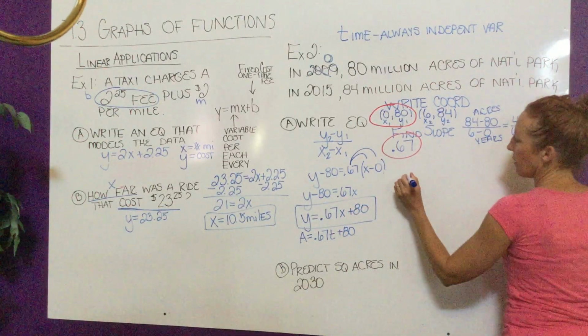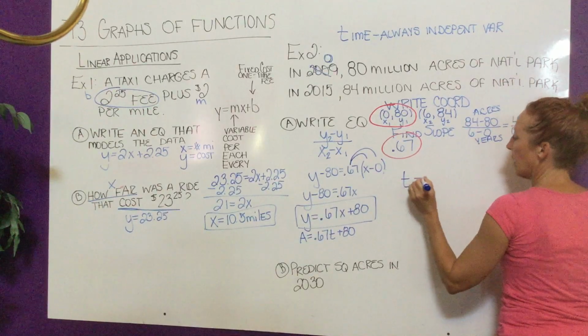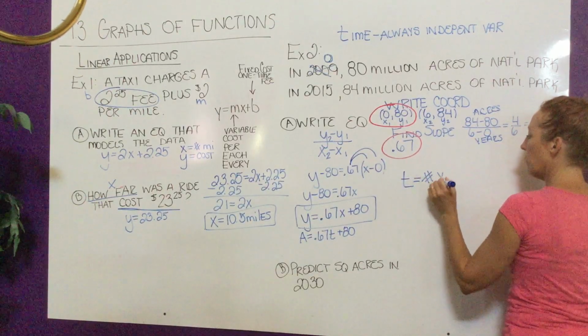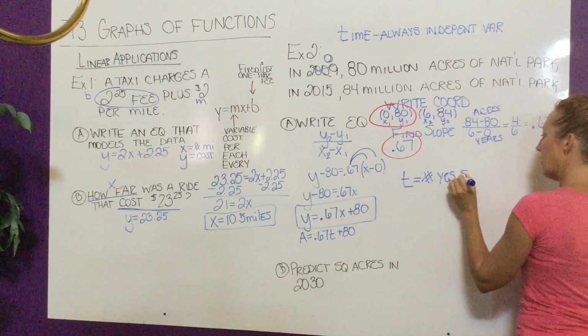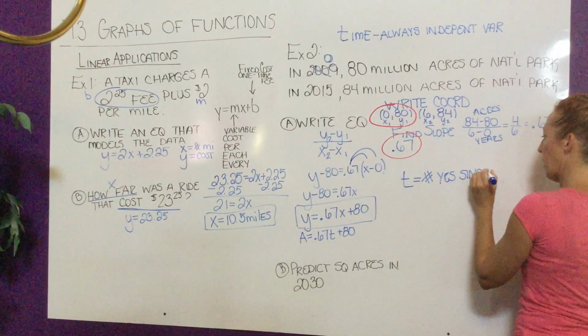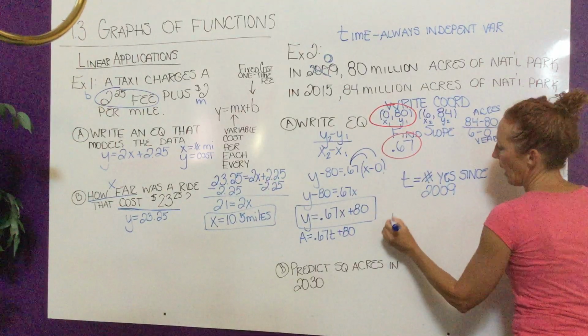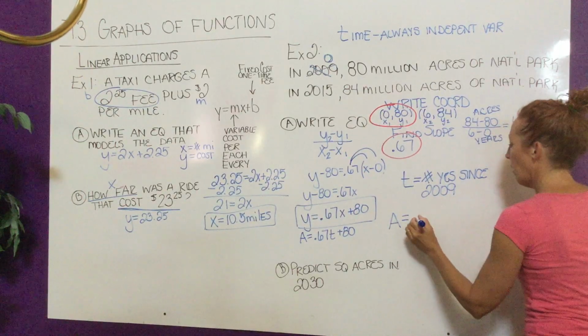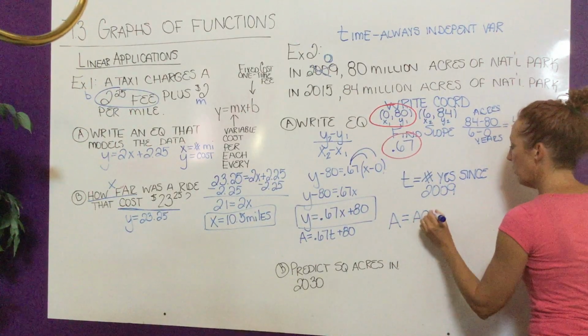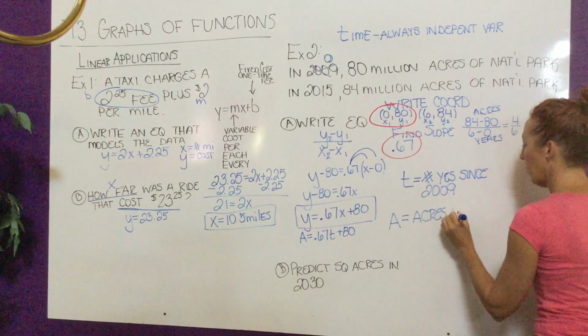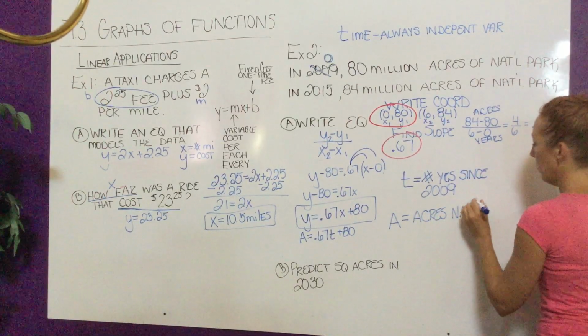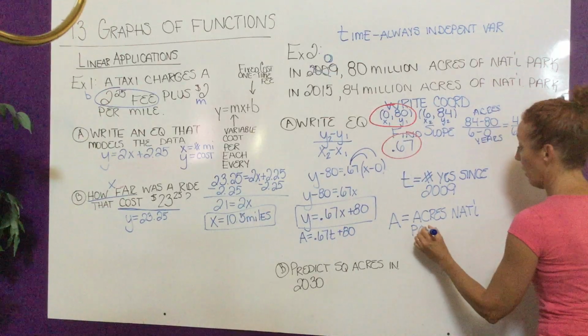Whether you call it x or t, t stands for the number of years since 2009, because that was our year 0. And A stands for acres of national park in millions.